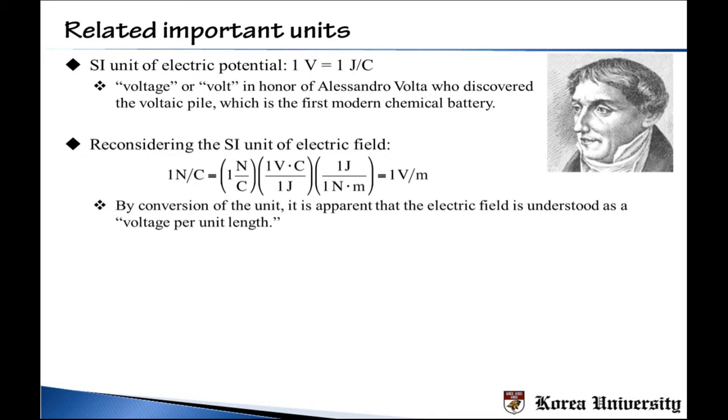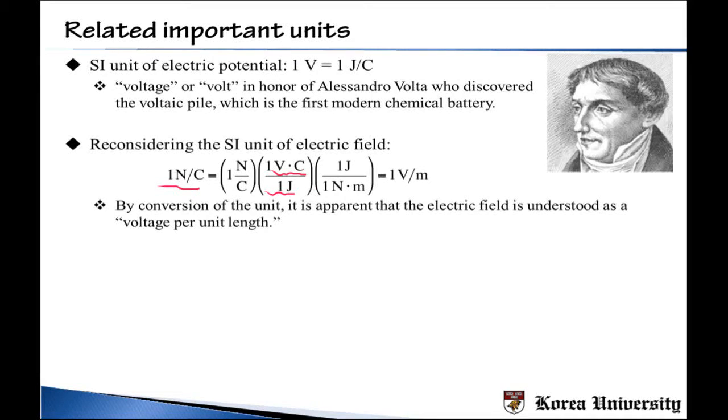Let's reconsider the SI unit of electric field. Previously we learned that the SI unit of electric field was 1 Newton per coulomb, which was the SI unit of Coulomb force divided by the SI unit of charge, right? And we just saw that 1 volt is equal to 1 joule divided by coulomb. So 1 joule must be equal to 1 volt multiplied by coulomb.